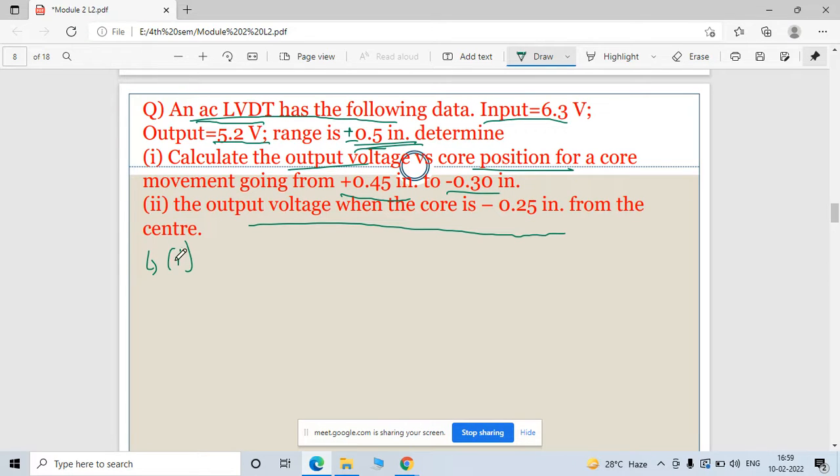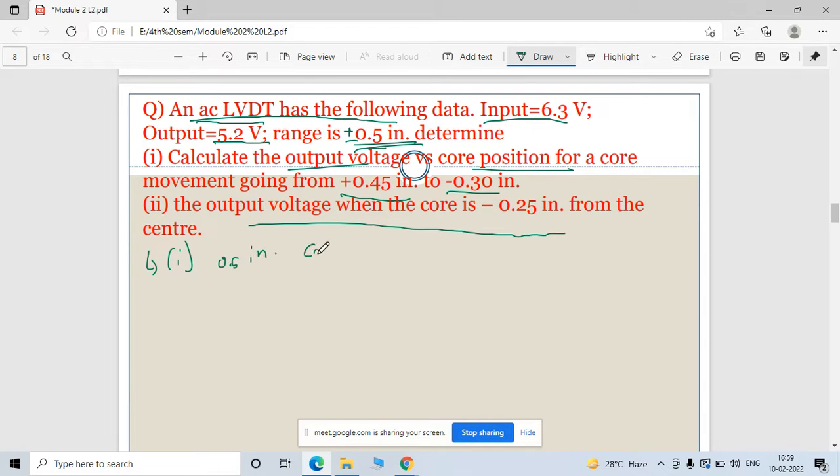When I take the first condition, 0.5 inch is given to you.